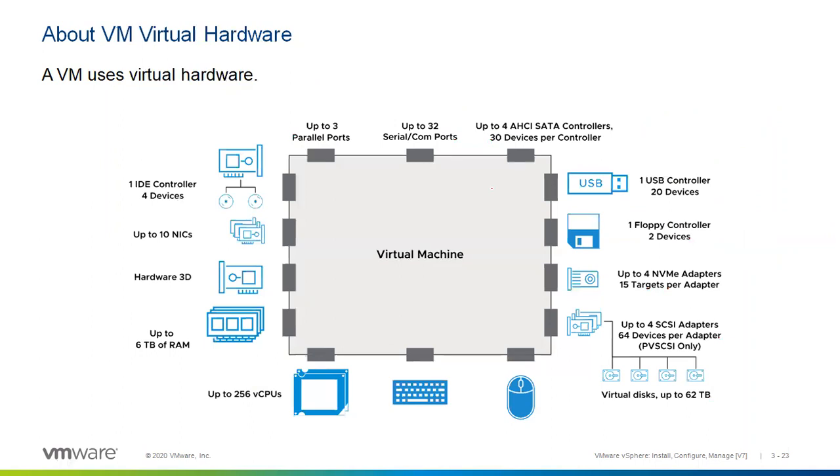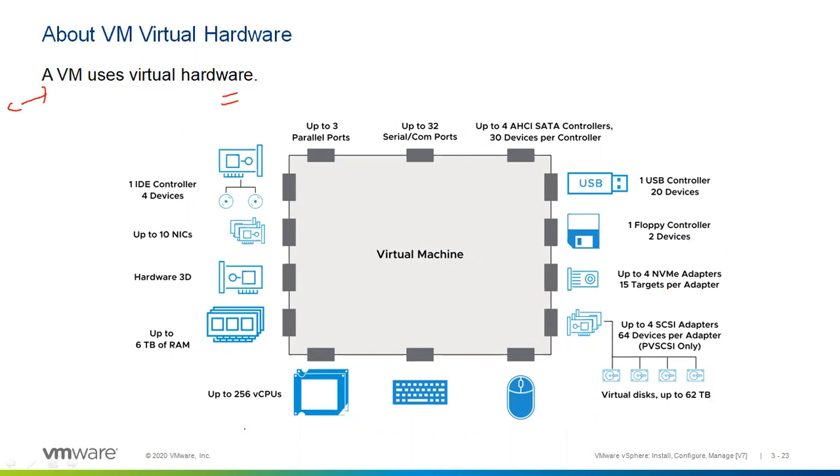For any virtual machine we create, we require virtual hardware. In the physical world, we have physical CPU, physical memory, physical NIC, physical PCI card, iSCSI card. All these things are available in virtual machines too, but in virtual form.